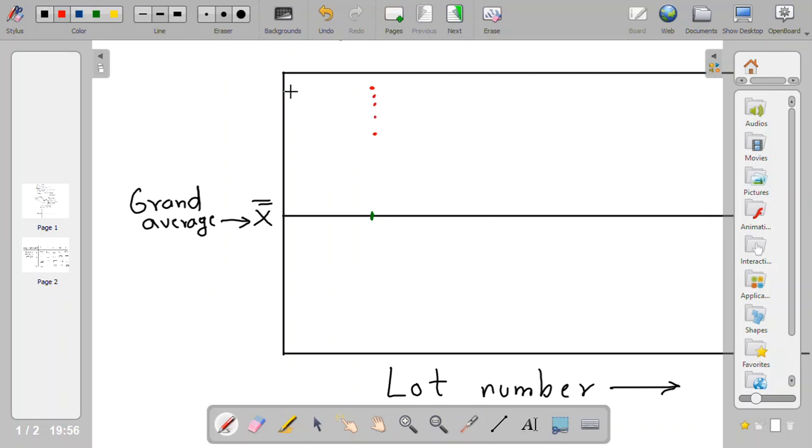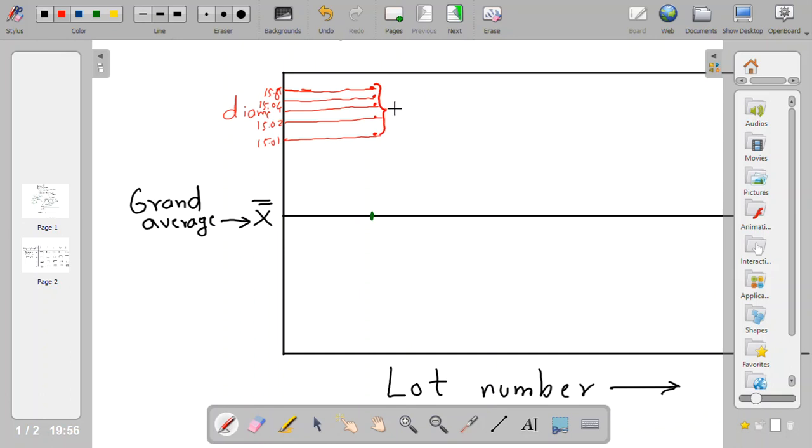So total 5 samples, and these are the values of diameter, here we have 15.01, 15.06, 15.01, 15.02, 15.04. Now he will find out the average value of these.